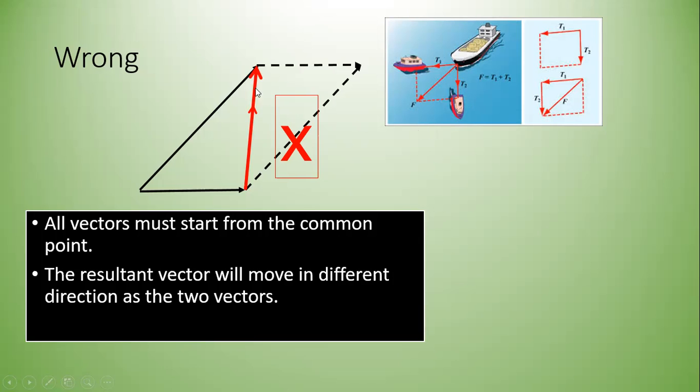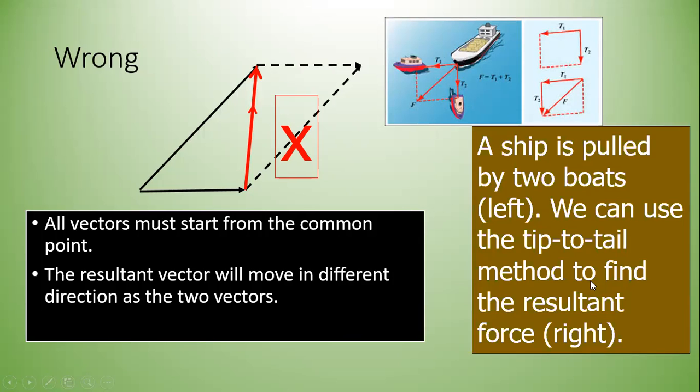That's why we don't accept that. Here's your ship, pulled by two boats. Tip to tail method to find the resultant.